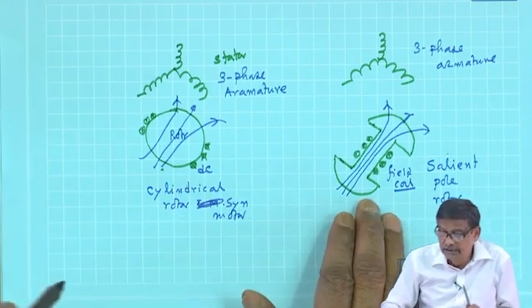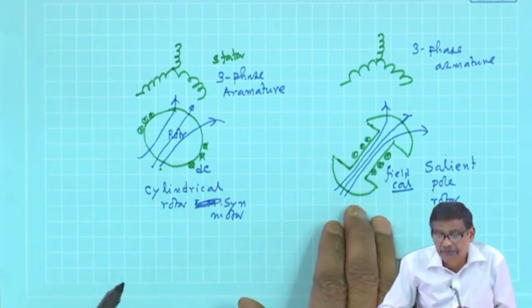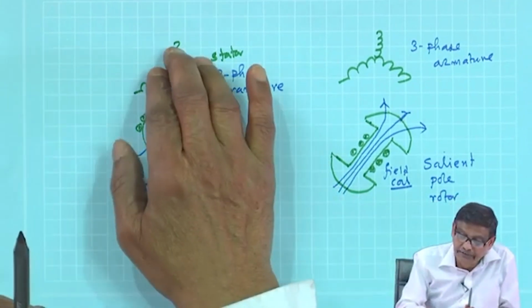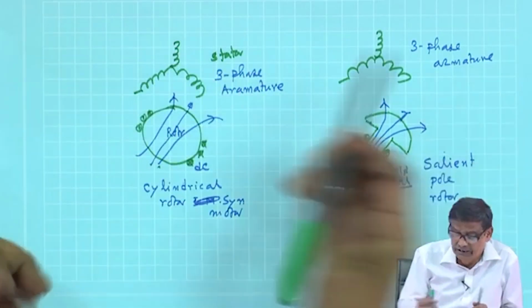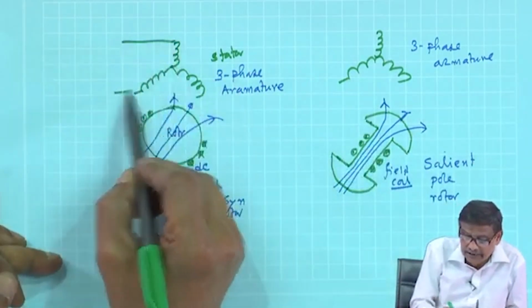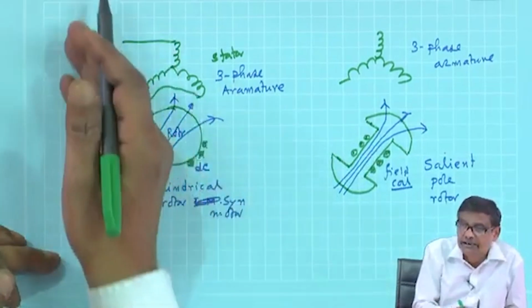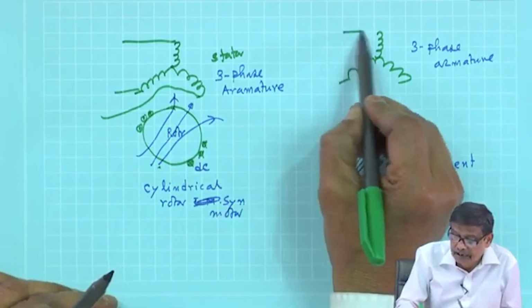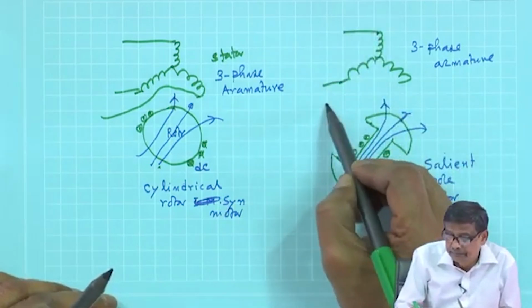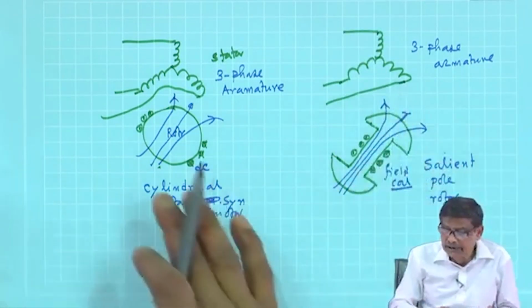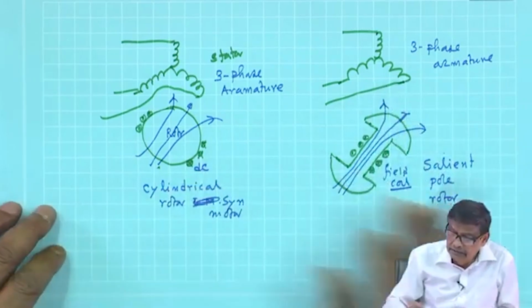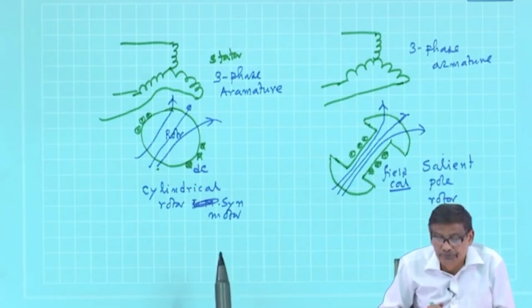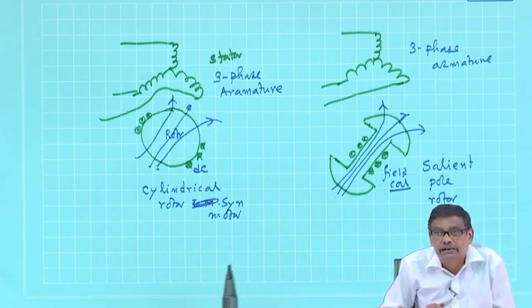So, field coil is excited by DC current fixed, and for the 3-phase winding, of course, you will connect some 3-phase supply here and things like that. First of all, let us try to understand whether this machine can produce a steady electromagnetic torque.